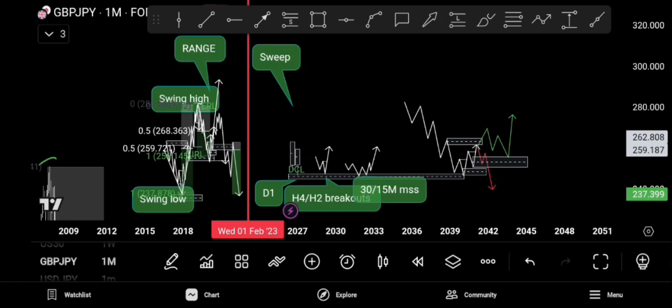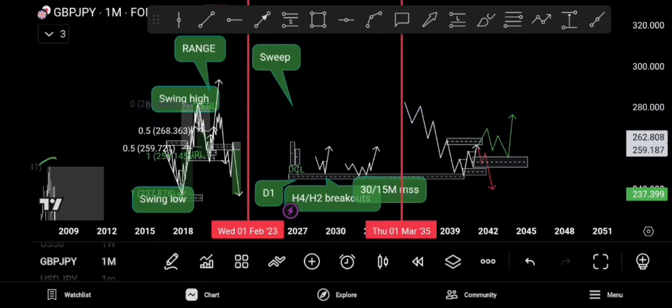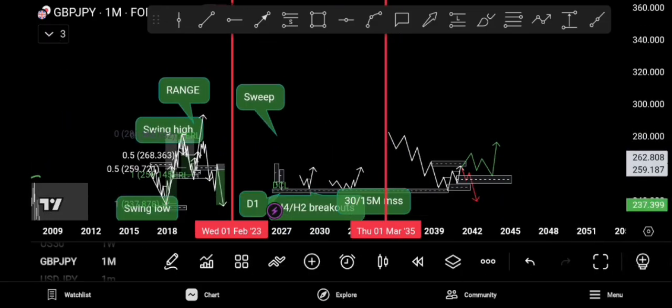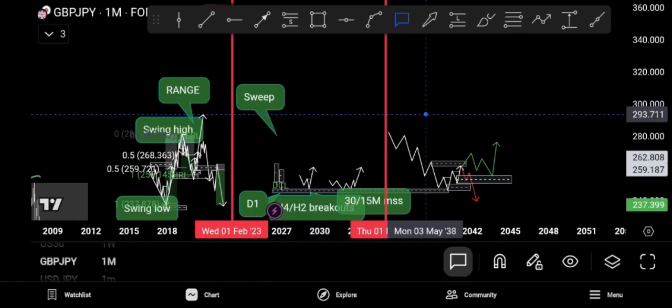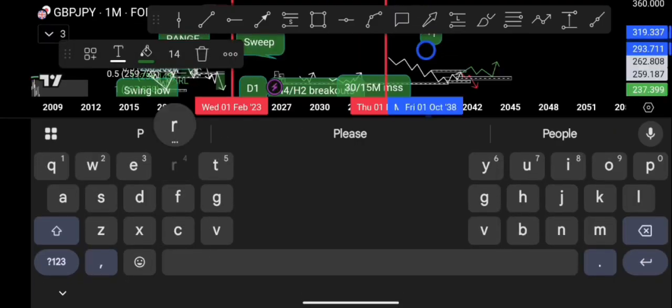But it is not yet confirmed. So you have your H4 or H2 breakout, or your 30 minutes market structure shift. This is where our price reaction comes in. Price intent, price reaction.